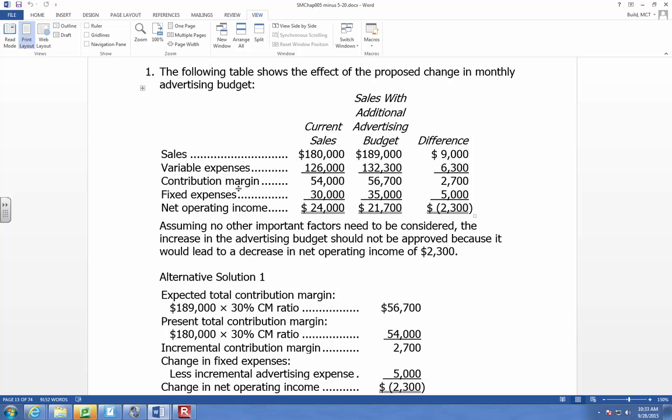Your income goes down. That's not a very clever thing to do at all. Could you easily find out how much more you would have to sell to cover that 5 grand? Do that. Tell me what dollar amount of sales you would need to generate in order to cover the anticipated advertising expense of 5,000 bucks.